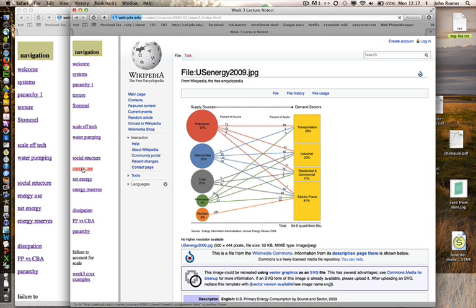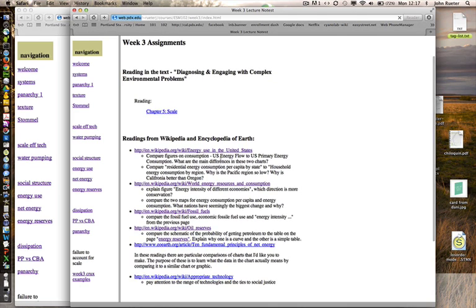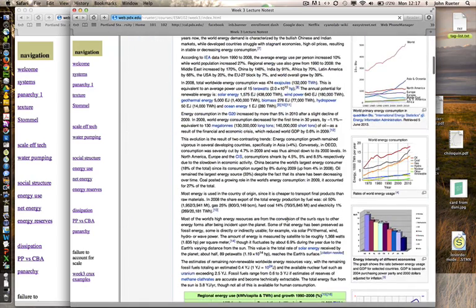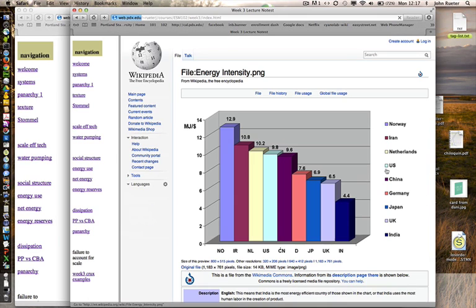Okay, let's look at another couple of graphs here and do some comparison. The one I wanted to compare was what's the energy that it takes to run an economy. And in this world energy consumption graph, we see one graph here, which is how much energy per dollar equivalent in these countries, how much energy do they need for a dollar.